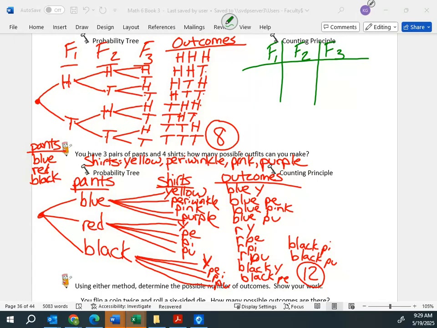And then make sure you have each event in that counting principle. So we've got our events happening up top, and then on the left we say the number of outcomes for each event. So we're going to look at each event, we're going to look at how many outcomes there are all together.